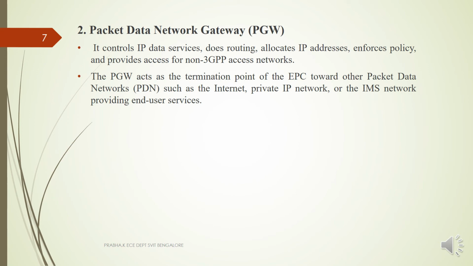The packet data network gateway acts as the termination point of the evolved packet core towards other packet data networks such as the internet, private IP network or the IMS network providing end user services.